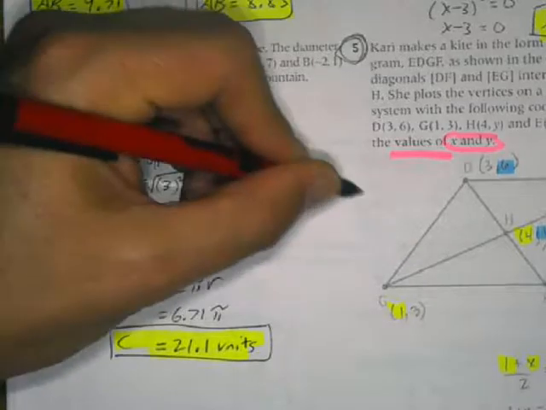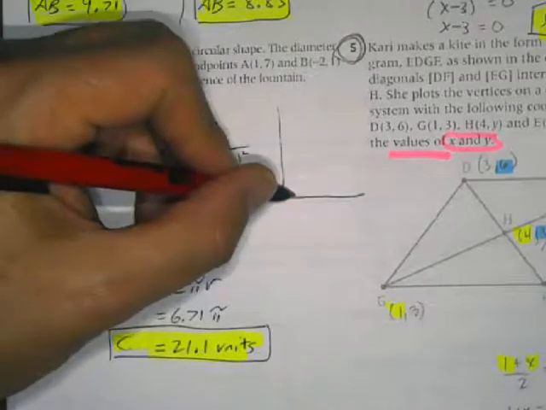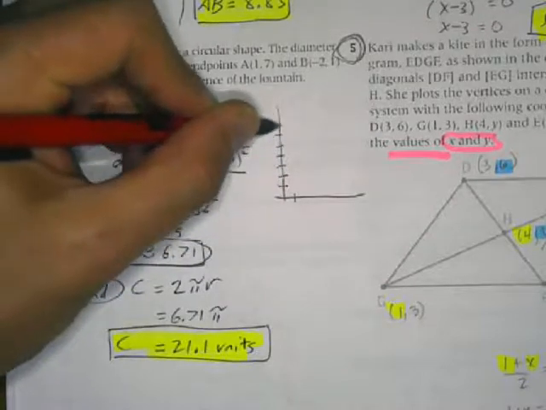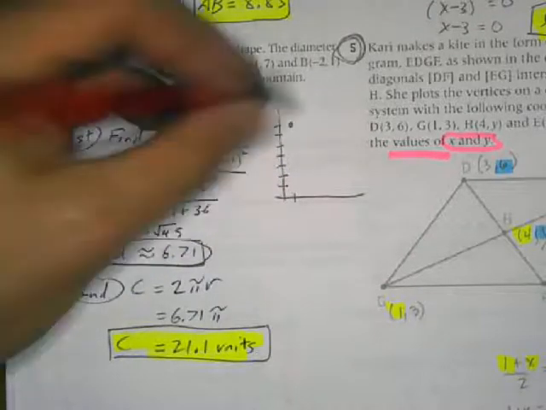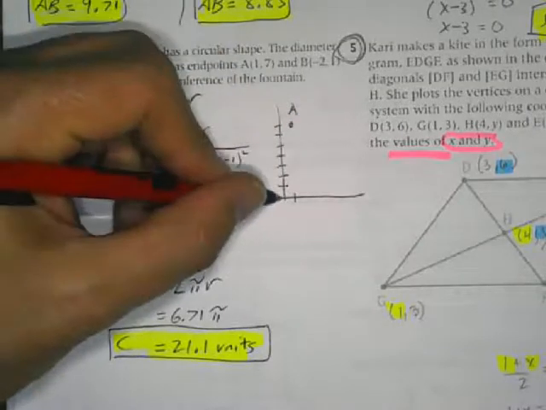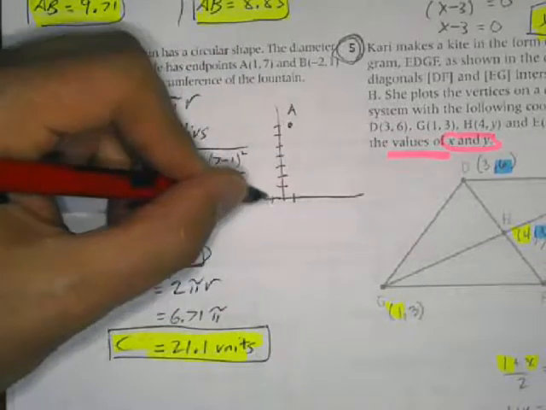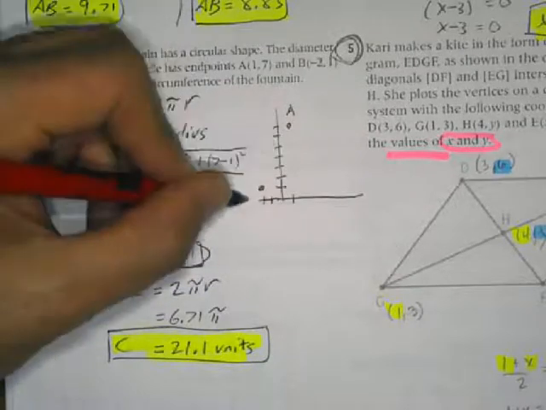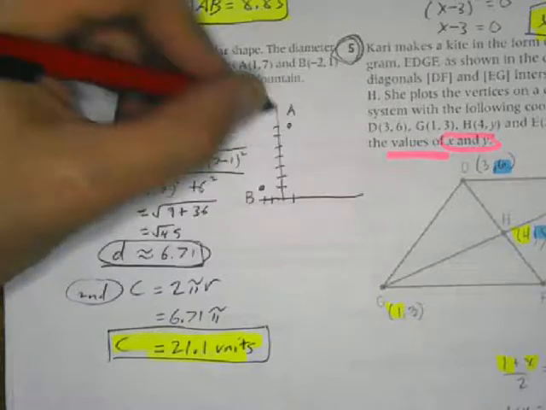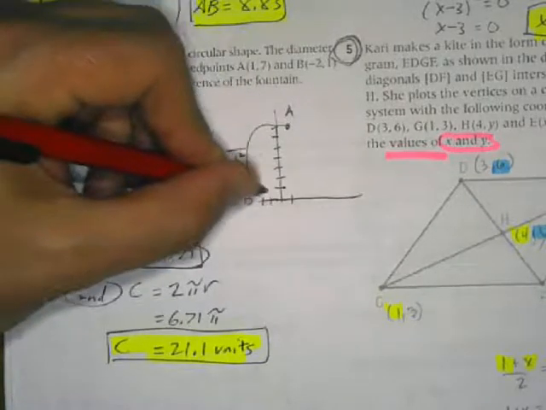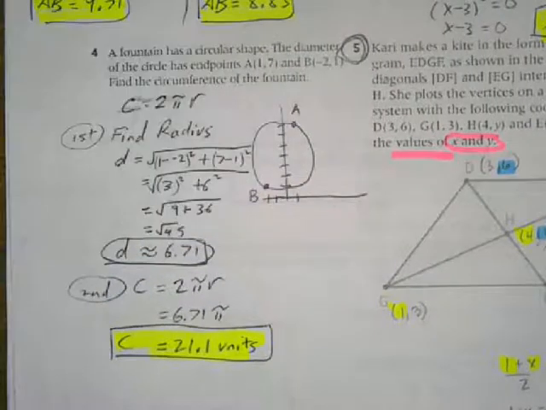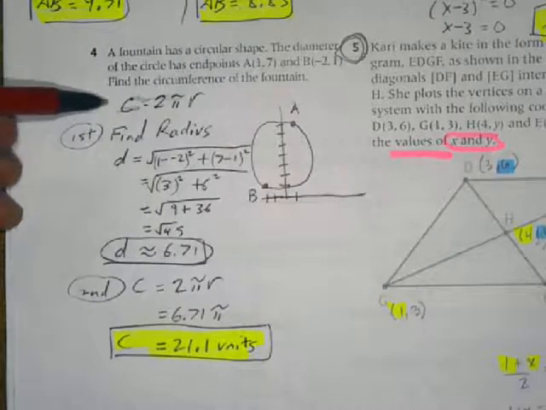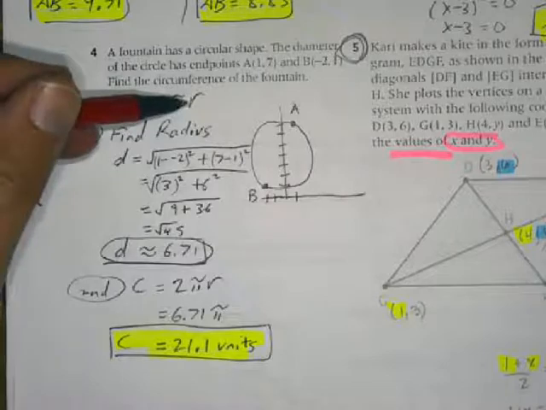You don't really need to. So we got a circle. The first thing we need to do, in order to figure out the circumference is 2 pi r. So we need the radius.